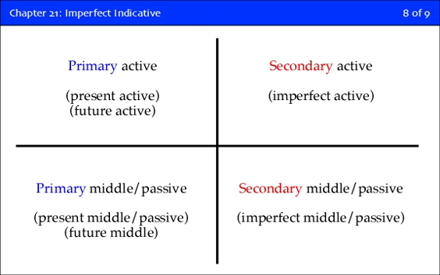And then in the lower left-hand corner, we have the primary middle passive endings. And those are the endings we use in the present middle passive and the future middle. In the upper right-hand corner, we have the secondary active endings. And we use those in the imperfect active. And then the lower right-hand corner, we have the secondary middle passive. And that's used for the imperfect middle and passive.